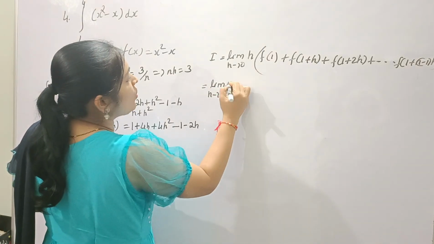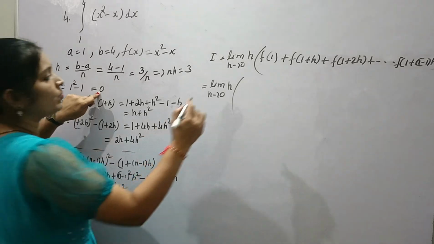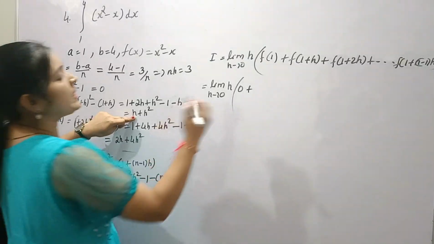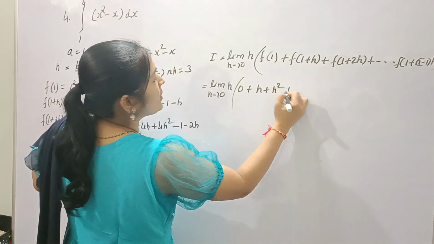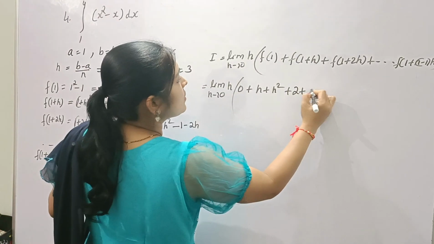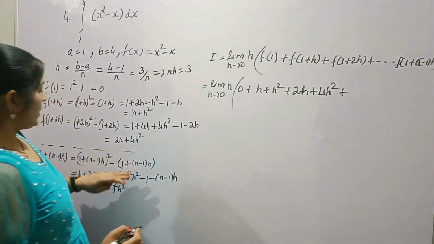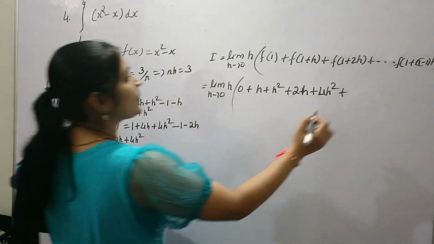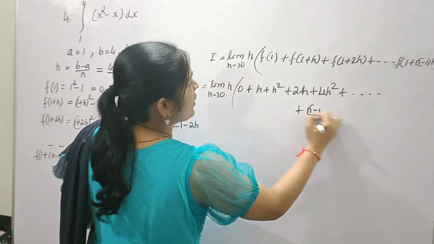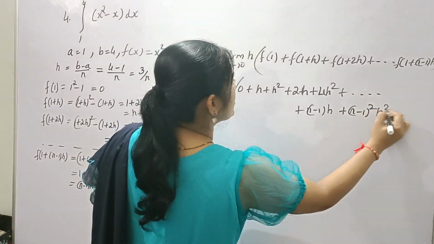Limit h tends to 0 h into, here f of 1 is 0, okay, plus f of 1 plus h plus h square, plus f of 1 plus 2h plus 4h square, plus etc. Last term is n minus 1 into h plus n minus 1 whole square h square.